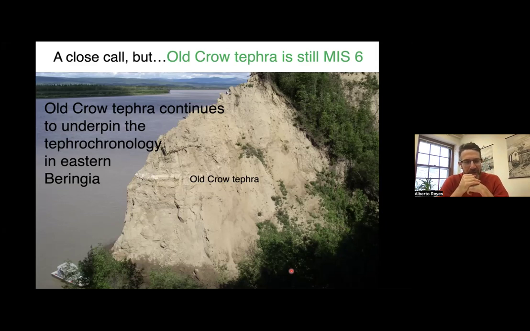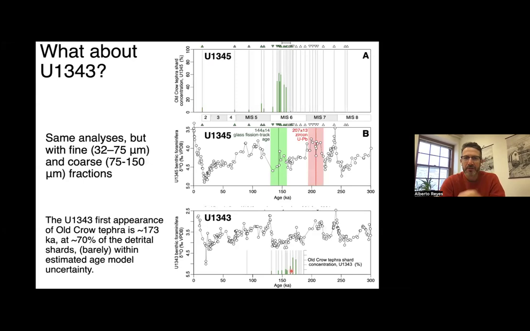So this is a bit of a problem that we need to think about in terms of our chronology. We're going to spend a lot of time analyzing more samples from U1343, and we're going to have a good talk with the marine sediment people to reconcile these age models and figure out if we can account for uncertainty in the timing of the first onset of Old Crow tephra.